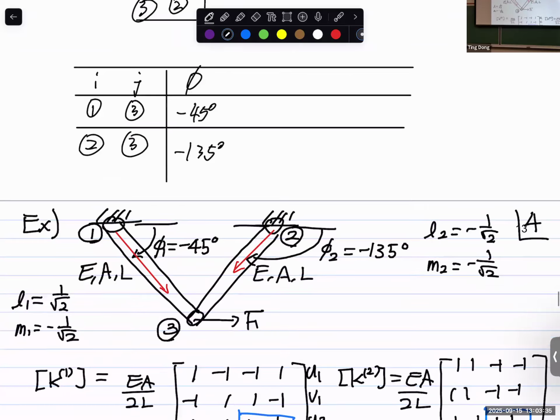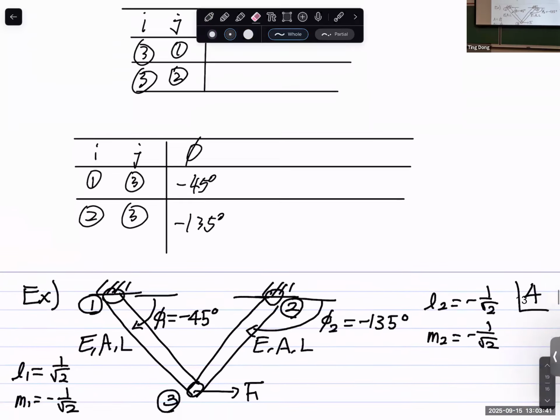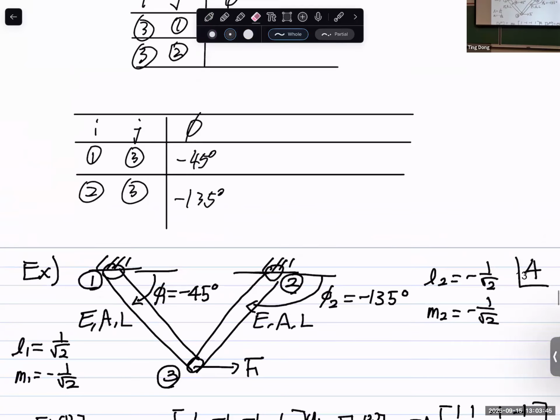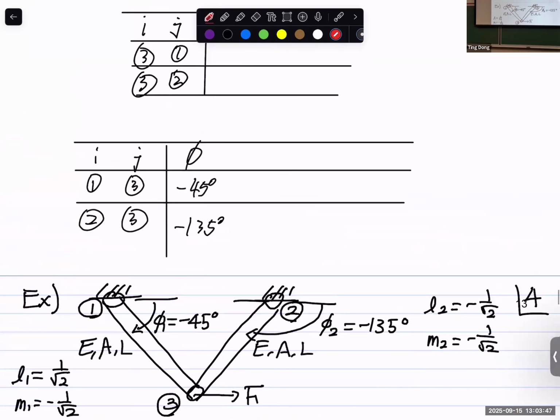If I define the first node for the first element as node 3 to node 1, now the local x direction is in this direction. This is the local x, this is the global x, and this becomes the phi angle.